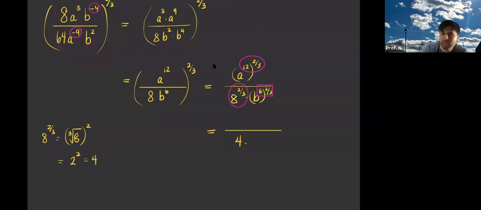Now I have to multiply 12 times 2/3. What is 12 times 2/3? 3 goes into 12 4 times, and 4 times 2 is 8. Isn't this a to the 8th power? And then isn't the exponent on the b 6 times 2/3? 3 goes into 6 2 times, and 2 times 2 is 4. So isn't this b to the 4th power?